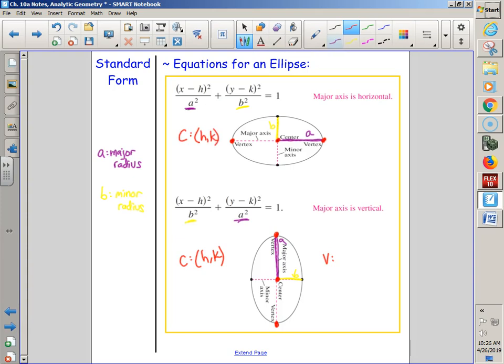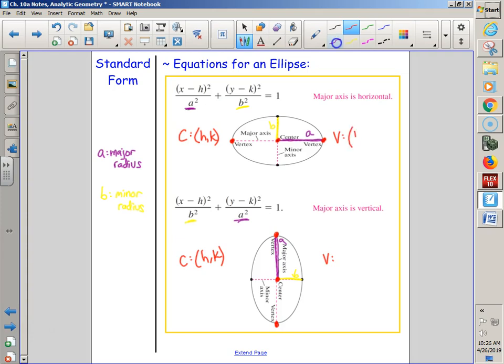But we still actually have vertices for ellipses, but they're along the major axis, and so kind of like the foci and the directrices for the parabolas and how they switched as to whether we were adding and subtracting from the y to the x's. If the major is horizontal, then we're going to extend horizontally to our vertices.